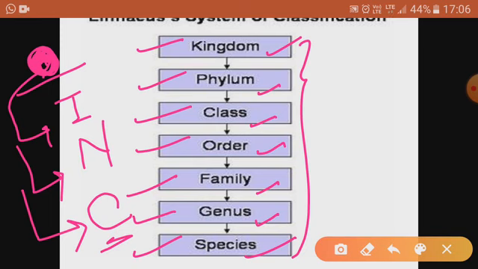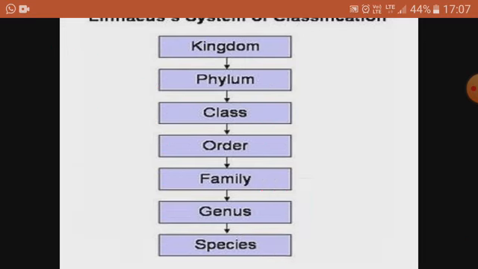This is the science of taxonomy. Taxonomy is identification, nomenclature, and classification. And classification is done into 7 categories. What are the 7 categories? Kingdom, phylum, class, order, family, genus, and species.